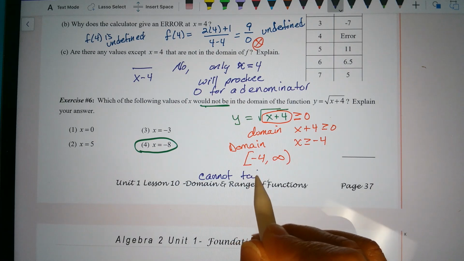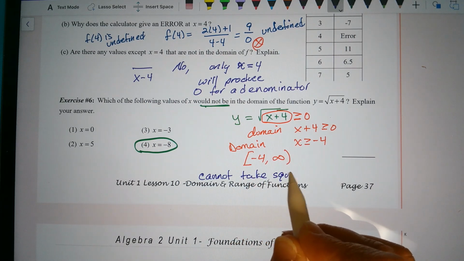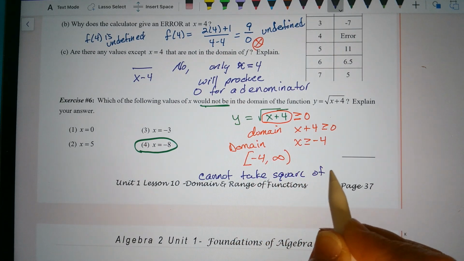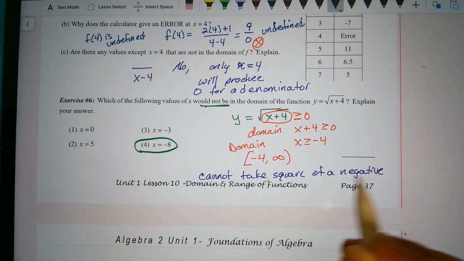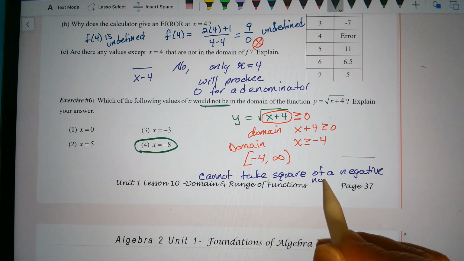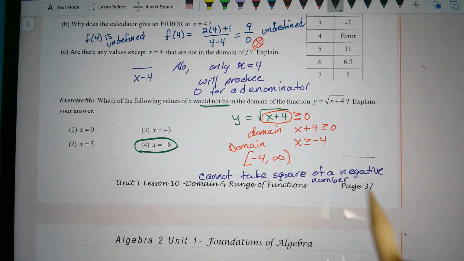Cannot take the square root of a negative number. And we are done. Thank you very much for your attention.